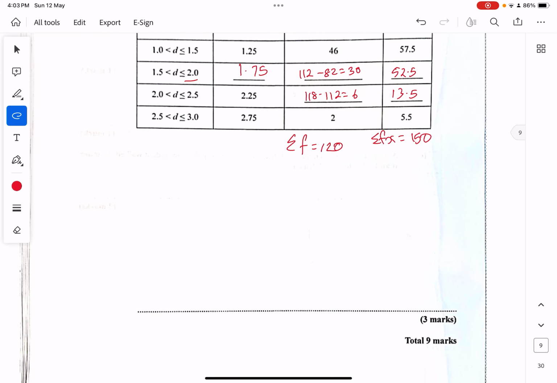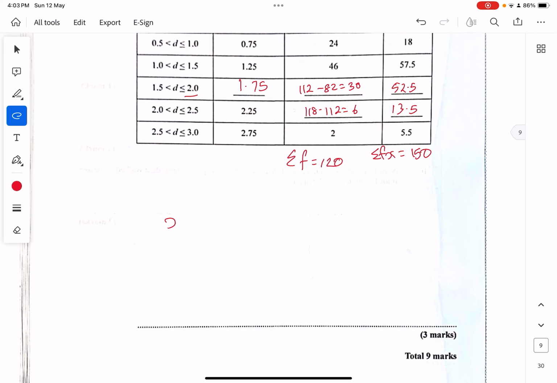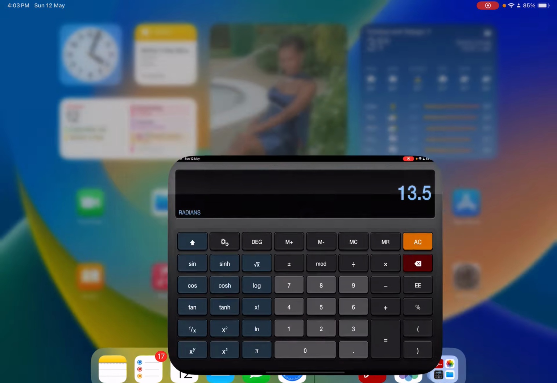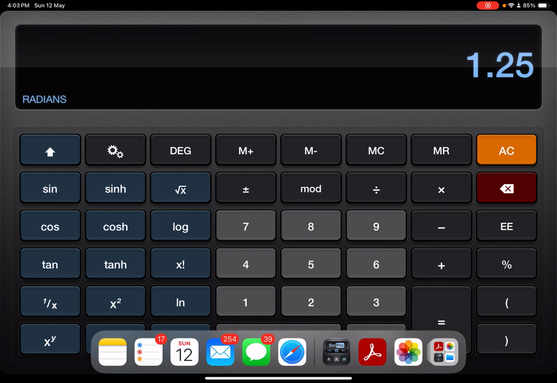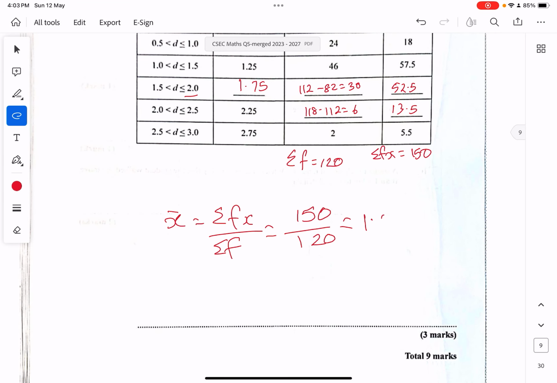So working out our mean, x bar is equal to the sum of fx over the sum of f, which is 150 over 120. 150 divided by 120 equals 1.25. So we got 1.25 kilometers.